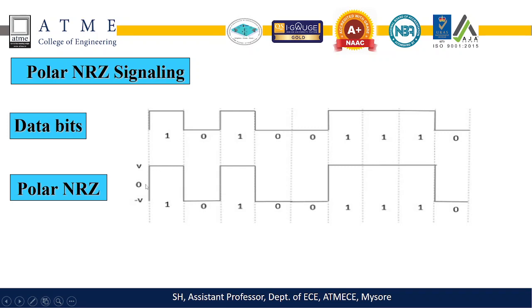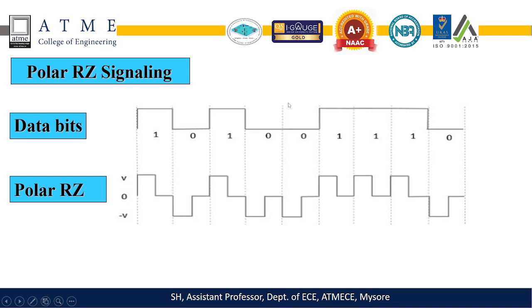It can be any voltage, it can be 1, 2, 3 or any voltage, so it is some positive voltage. And when the data is 0, the signal goes to a negative voltage level. It can be any negative level. So now we can see the same thing: wherever 1 is there, we have a higher voltage level, and whenever 0 is there, it is at a lower voltage level. This is how polar NRZ signaling looks like.